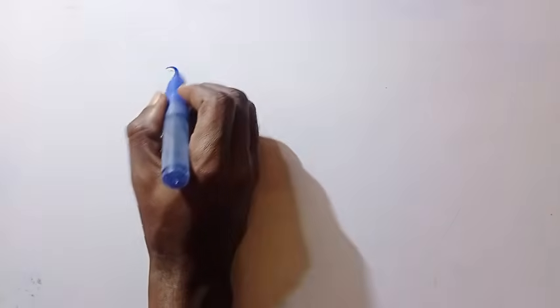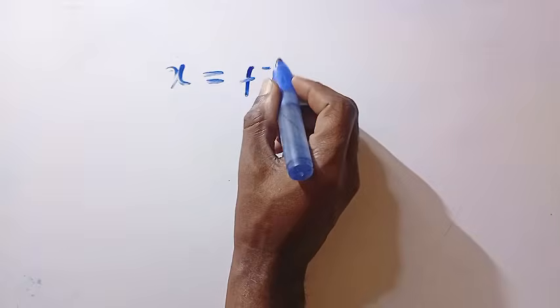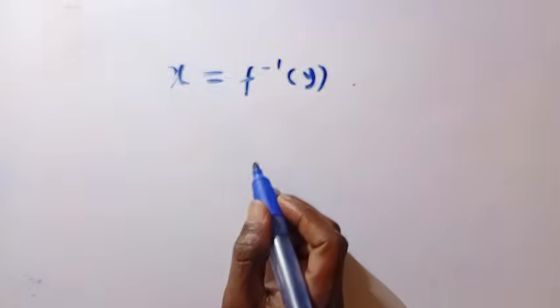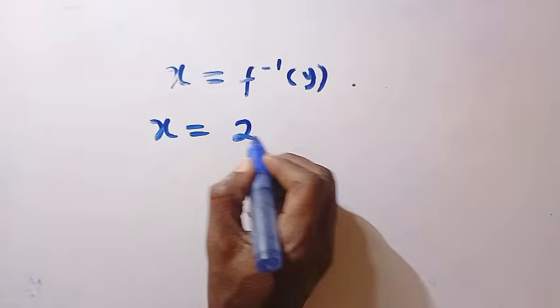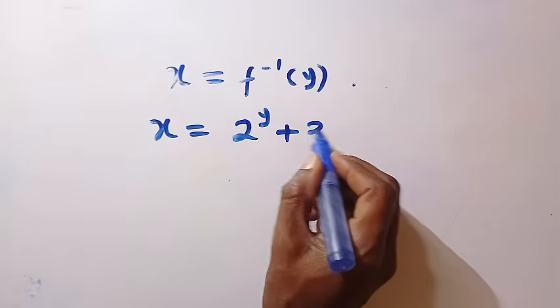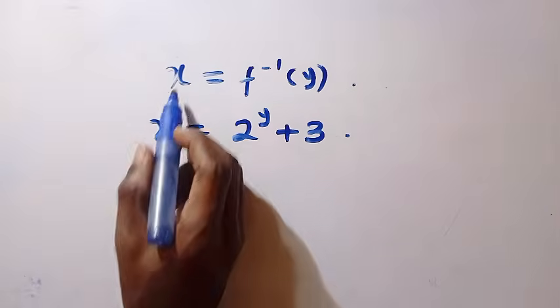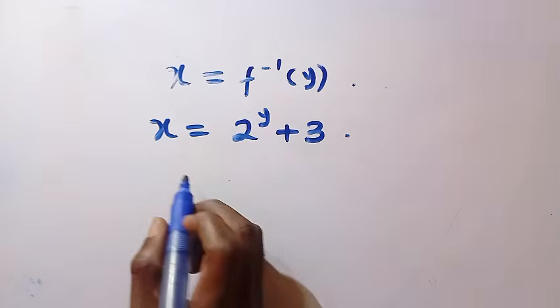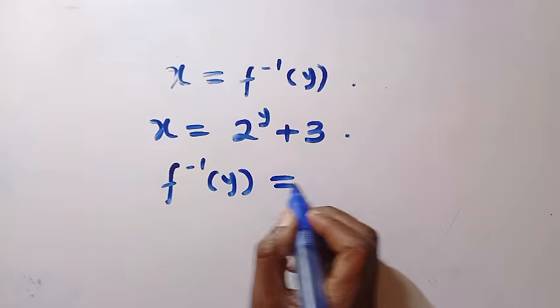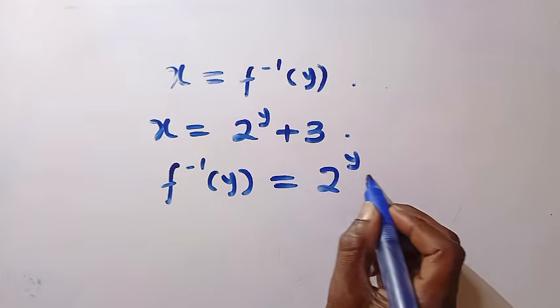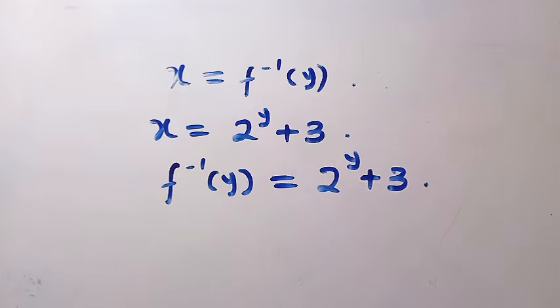Alright, so from where we let x equal f inverse of y, recall that x equals 2 raised to the power y plus 3. So by replacing x with the inverse of y, we have f inverse of y equals 2 to the power of y plus 3.